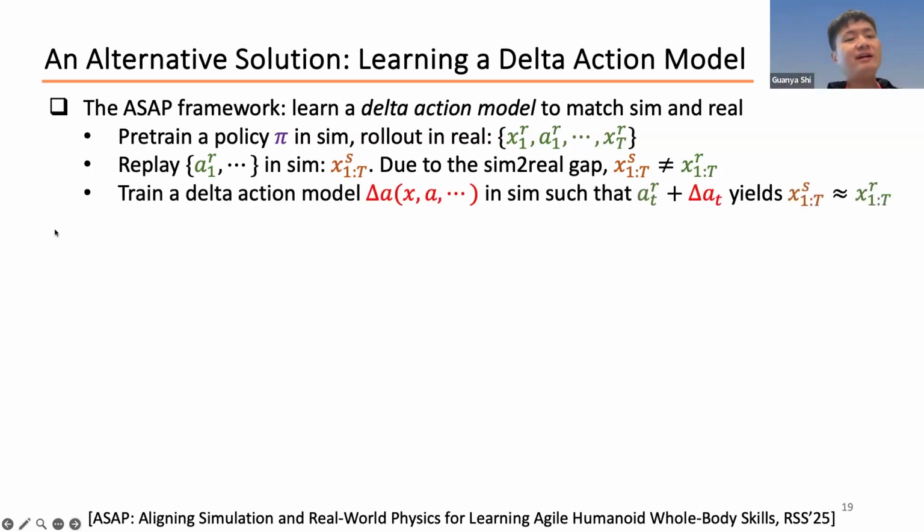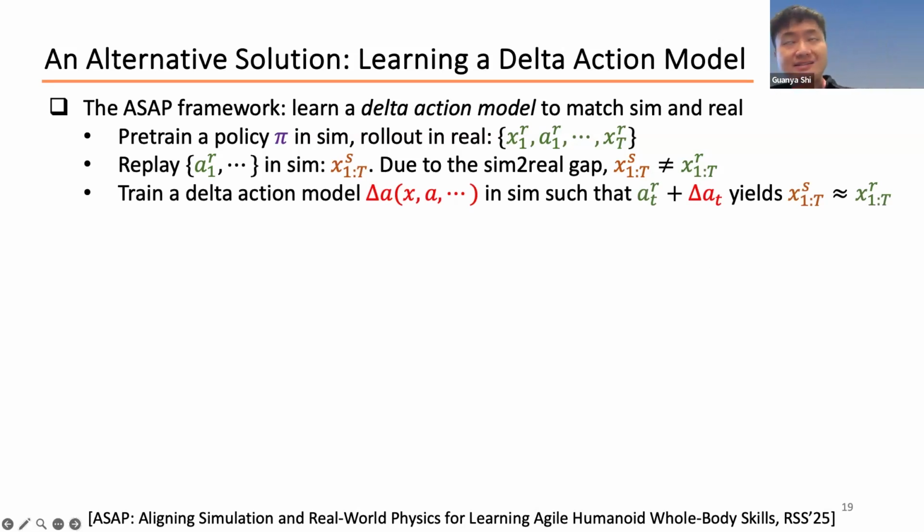Then what we did is we learned a delta action model, delta A, in simulation, right? Such that if we augment the real world action trajectory with delta A, the resulting trajectory in simulation, X^S, is very close to the trajectory in the real world. Meaning that delta A is kind of like a bridge between the raw trajectory in simulation and the actual trajectory in the real world.